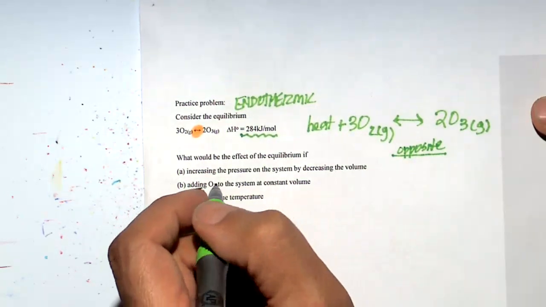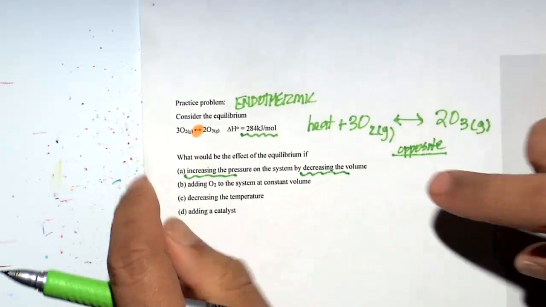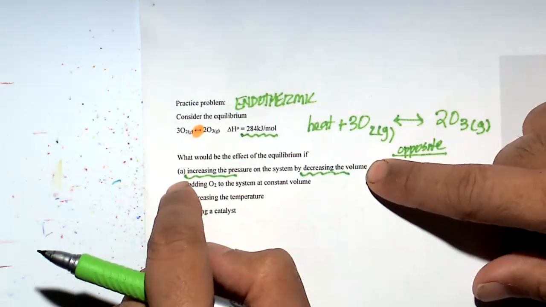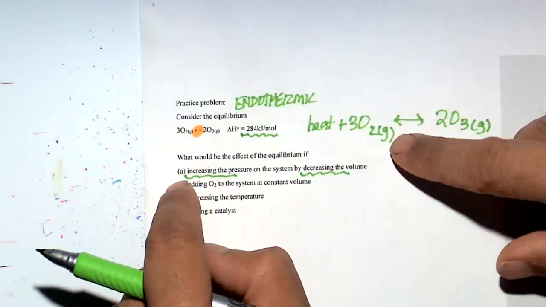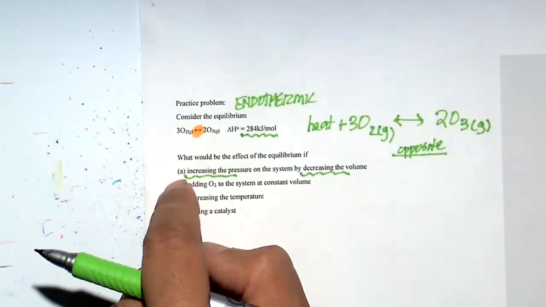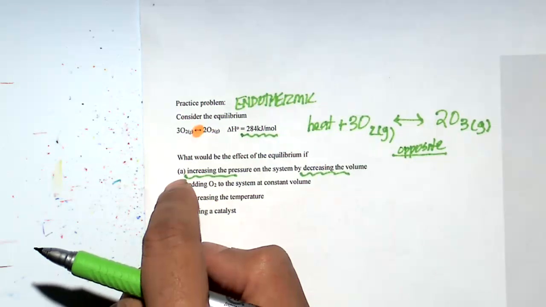Okay, increasing the pressure is the same thing as decreasing the volume. Do you agree that these are the same? Decreasing the volume, like going to the closet versus staying here in room H245. So these two are the same. Do you agree with me, Robert? All right, so what's the opposite of increasing the pressure?